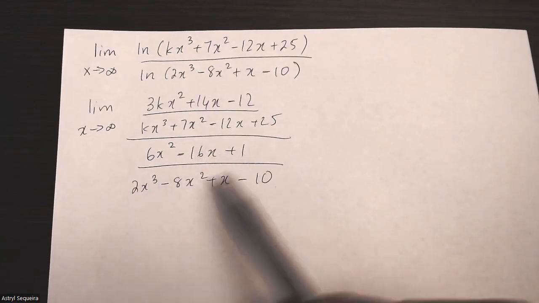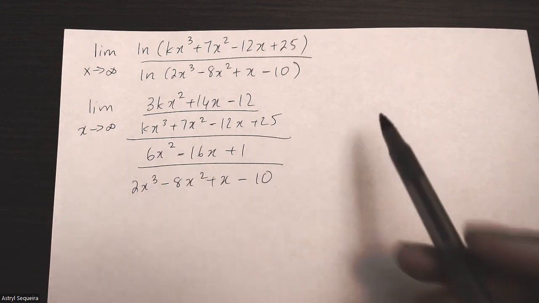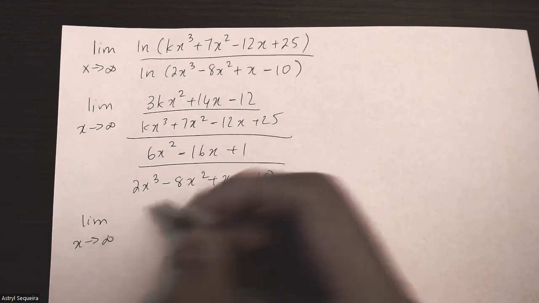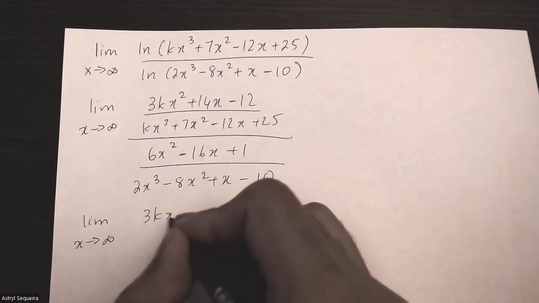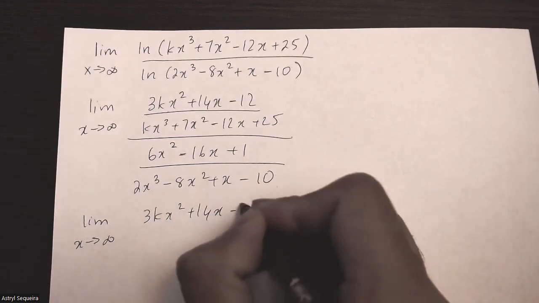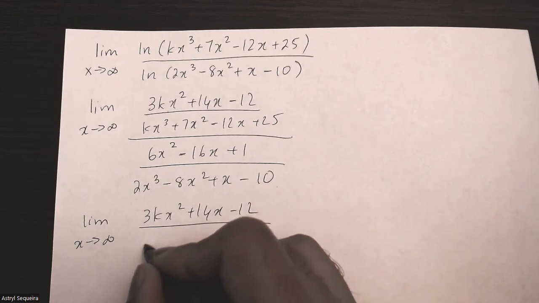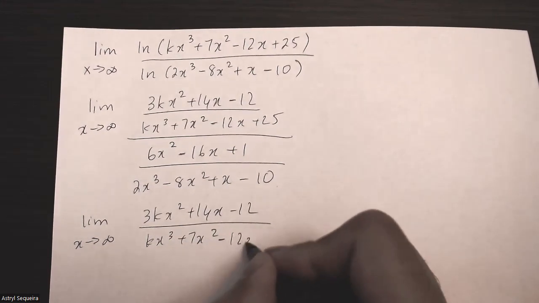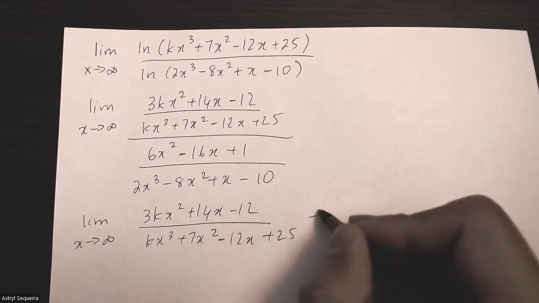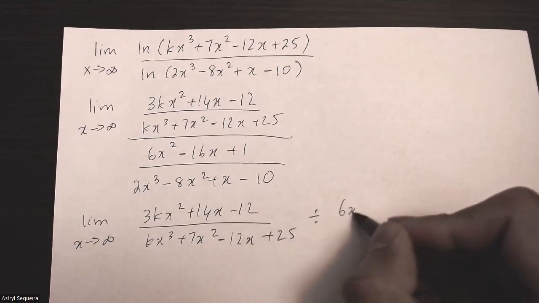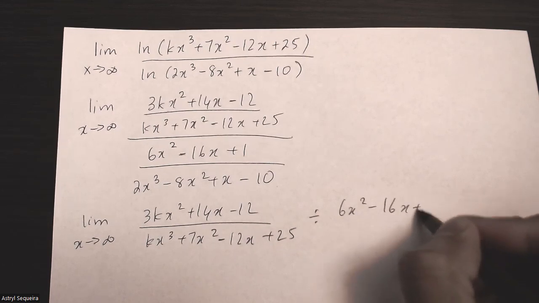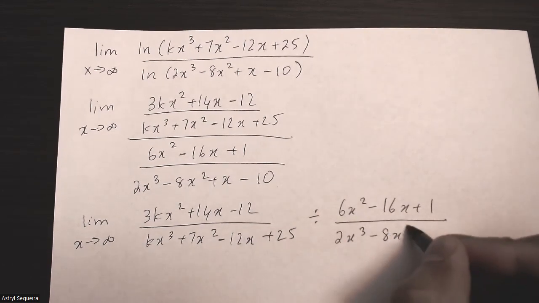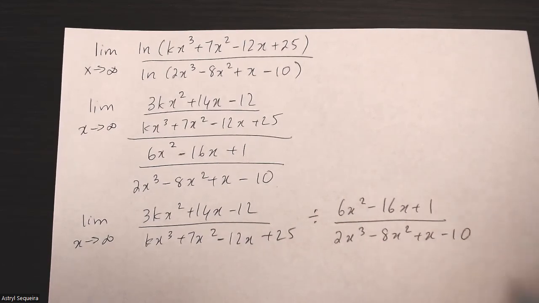The next thing I want to do is flip this fraction into a divide sign. So it's going to be 3kx squared plus 14x minus 12 over kx cubed plus 7x squared minus 12x plus 25, divided by 6x squared minus 16x plus 1 over 2x cubed minus 8x squared plus x minus 10.